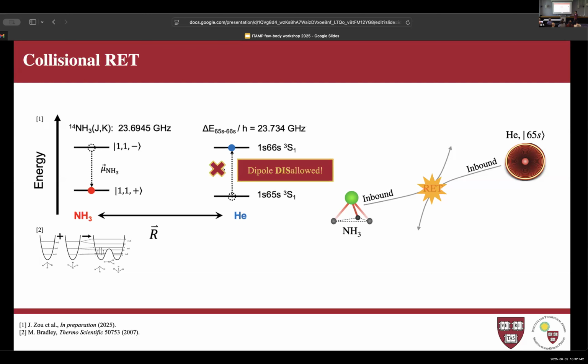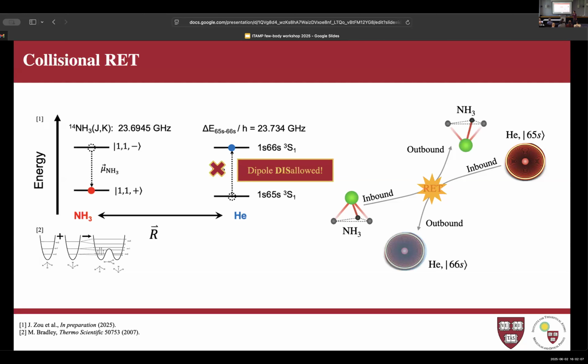I said megahertz, I meant gigahertz. Despite these two energy levels being closely degenerate, very close in energy, if you have this idea of a dipole-dipole resonant energy transfer, this cannot happen because this is a dipole-disallowed transition.